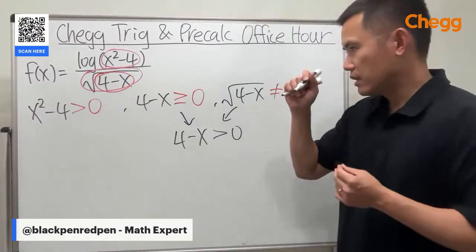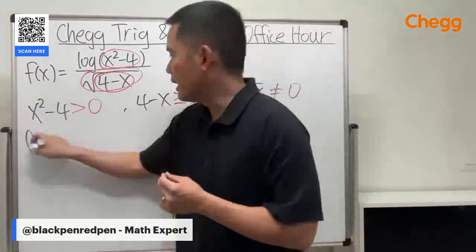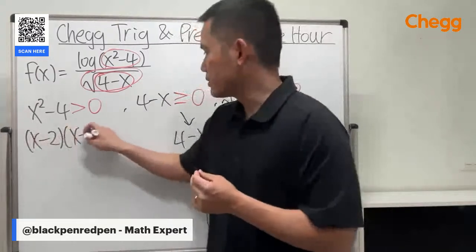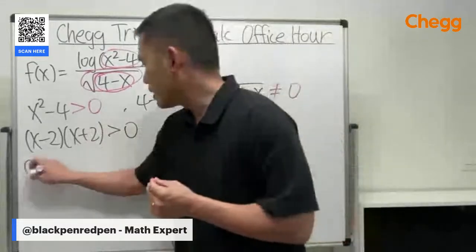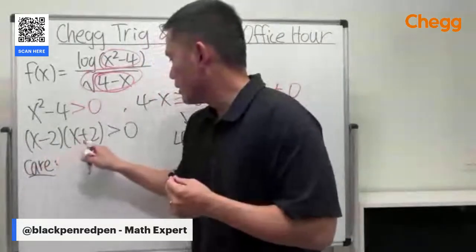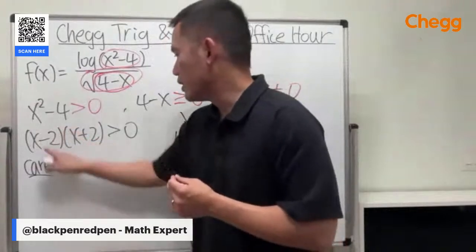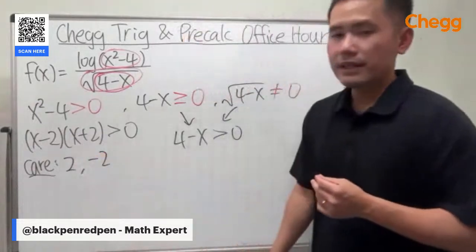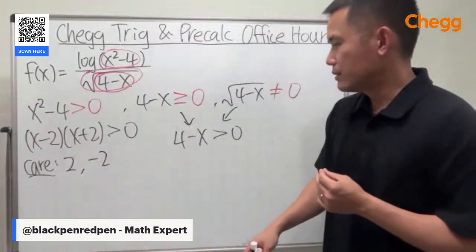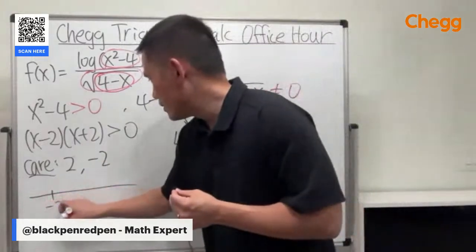And let's just solve it real quick. Factor it, you get x minus 2, x plus 2 is greater than 0. Right here, you will care about negative 2 from here, and let's do like this in this order. 2 from here, and then negative 2 from here. Right? And then let's find a number line right here.